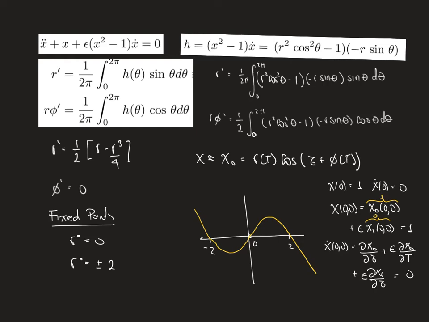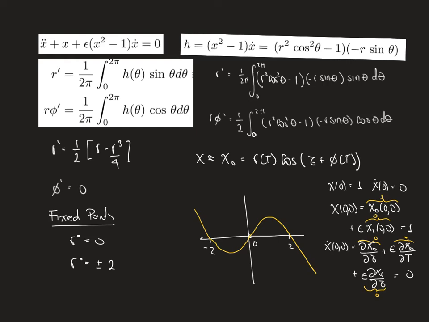So that means that we have 0, 0 and 0. So we have two initial conditions because we have two first order differential equations.